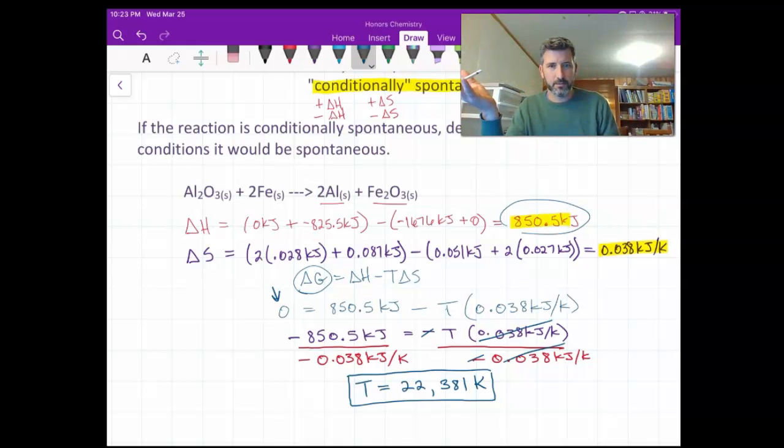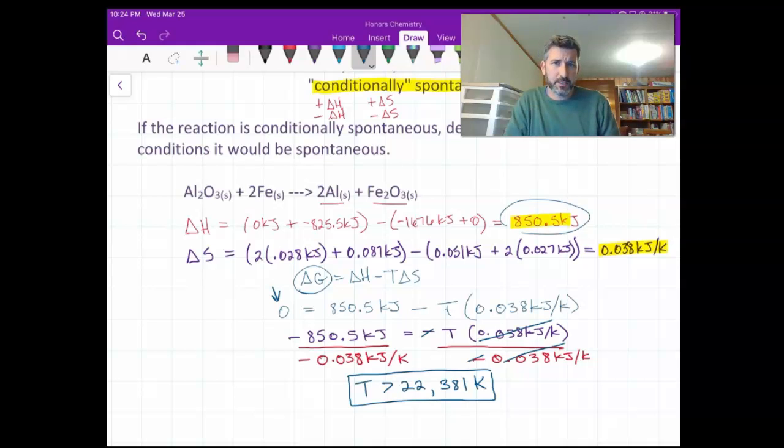So what this really means is if delta H and delta S are positive, when you get your answer in a problem like this, what you're solving for is the minimum temperature. So really, a better way of saying this is the temperature for this to be spontaneous would have to be greater than 22,381 kelvins.